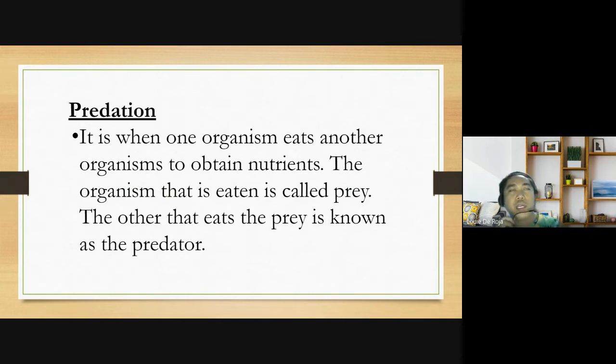So yung mga organism na kinakain nila ay tinatawag nating prey. At itong mga animals na kumakain ng prey ay tinatawag nating predator. This is an interaction between one organism and another organism. Dahil nga carnivorous sila, kinakailangan nilang kumain ng ibang organism para mabuhay.